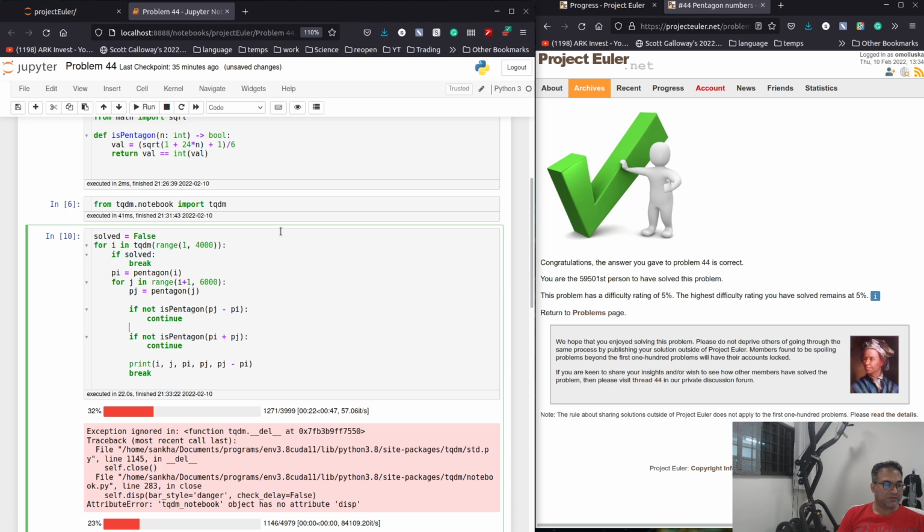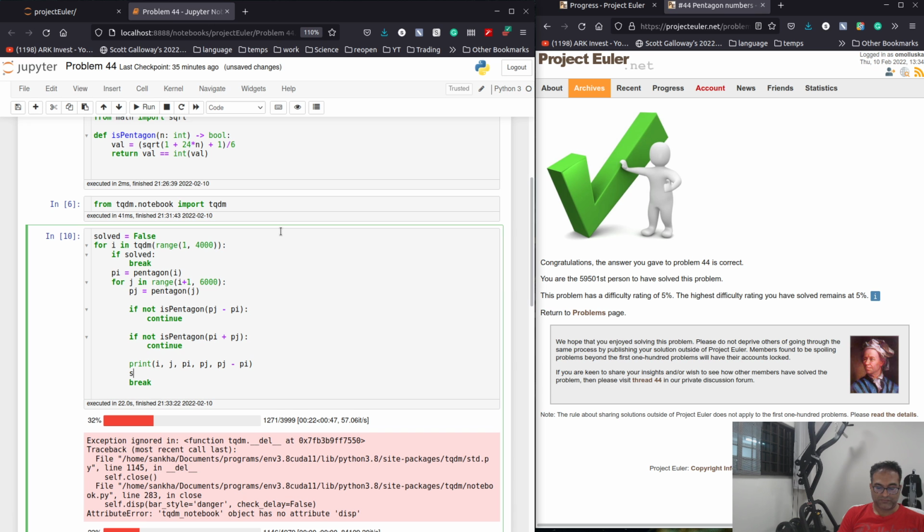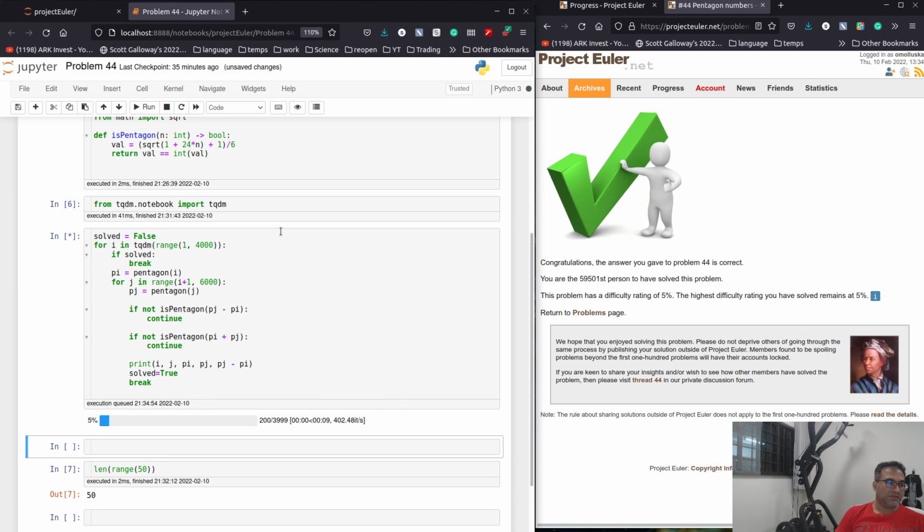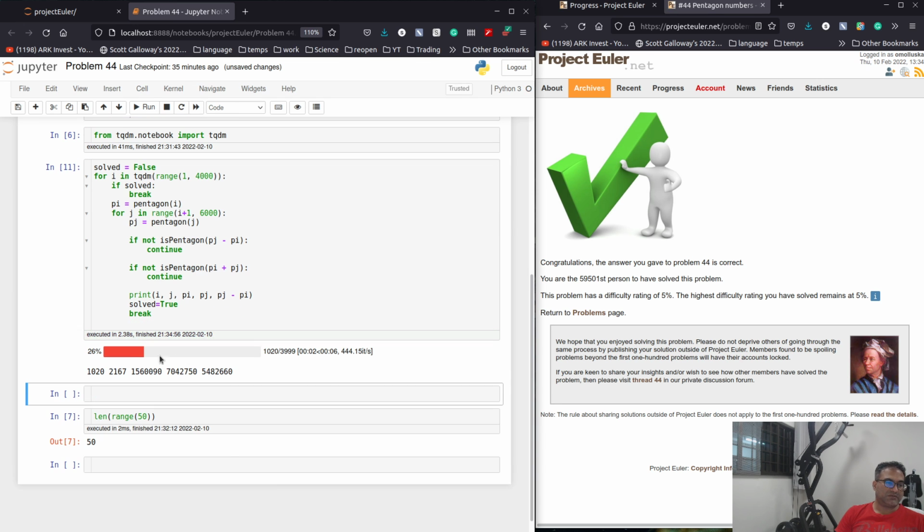Break, and let's see whether it actually, there we go. Okay, so this is correct. This is the right way to do things. About 2 seconds. Is it 2 seconds? Whatever. And it's 2 seconds probably because I was using this.